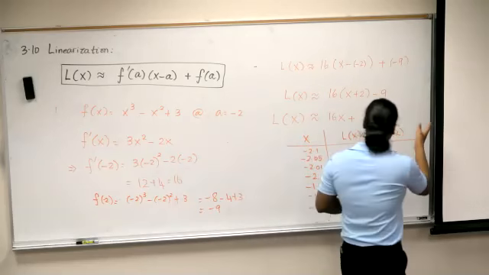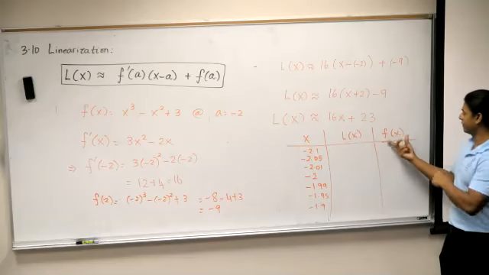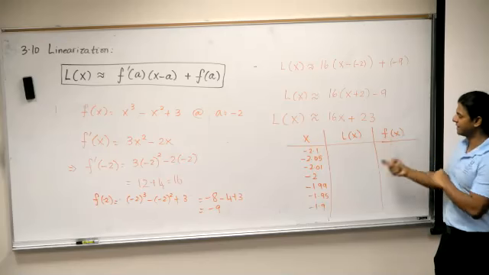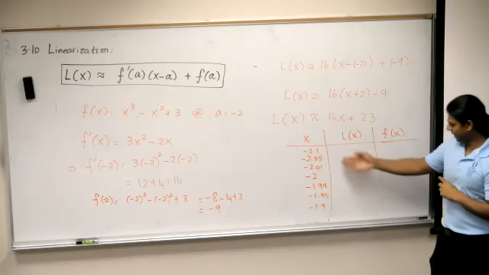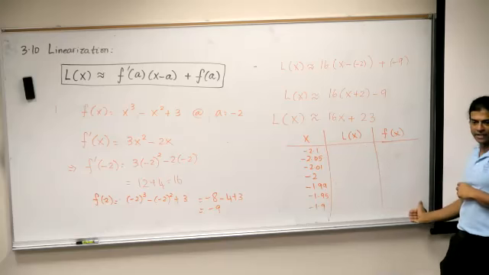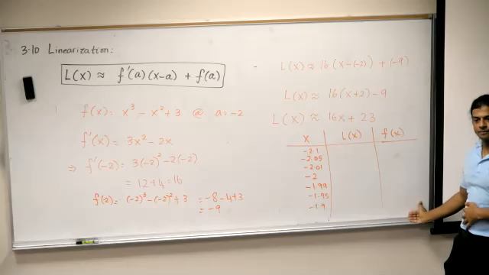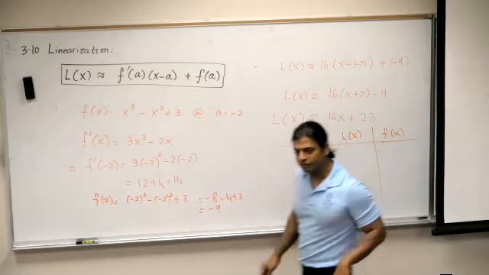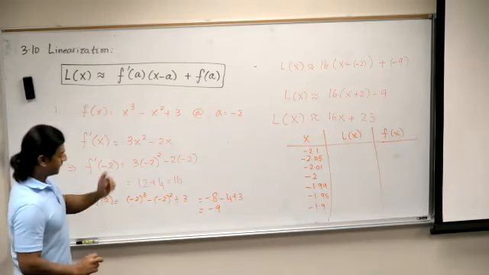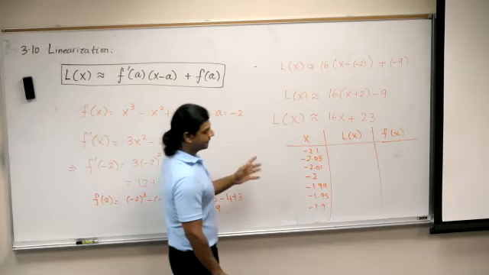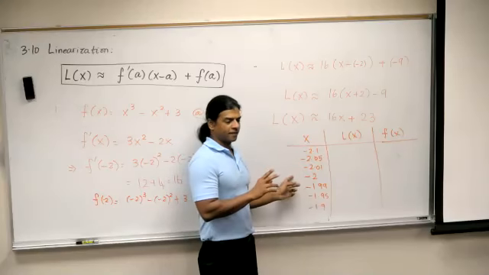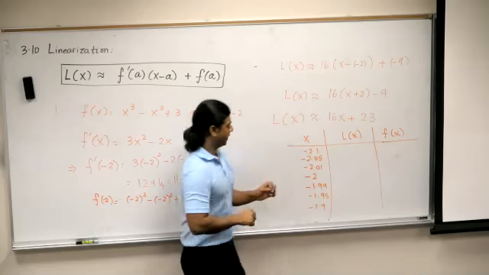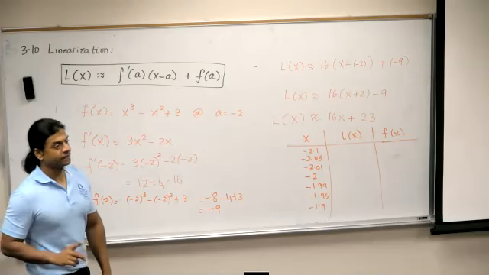And then, using another equation, I plug in the function x cubed minus x squared plus 3 and evaluate it at each of those values, so we'll get values here as well. I picked these numbers, and I'll say why I picked them later.